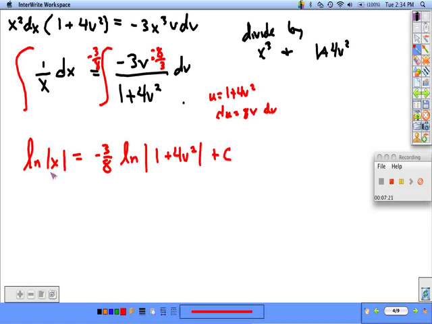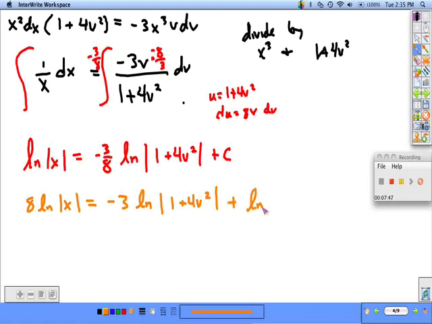And I'm going to clear my fraction here. Multiply both sides by 8. And then, since c is a constant, I can really just think of that as being the natural log of some value. I'll call it d. Natural log of d is a constant c.